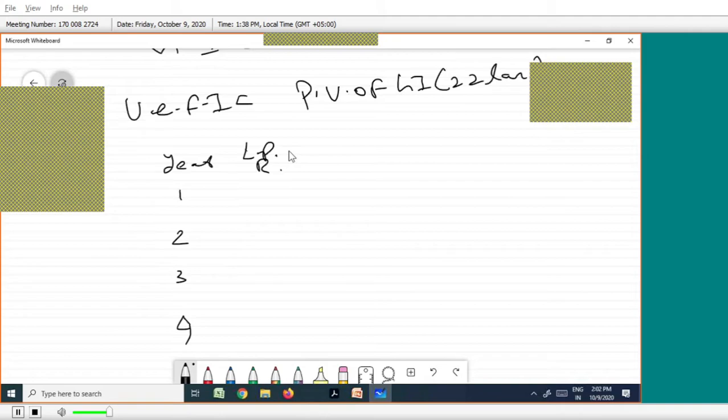Why? Because guaranteed residual value and unguaranteed residual value, both we have to include, total 7 lakh.